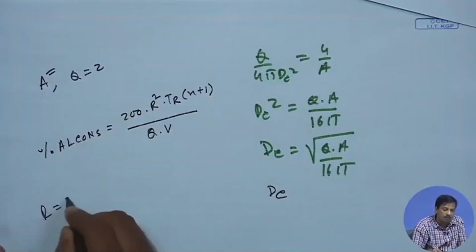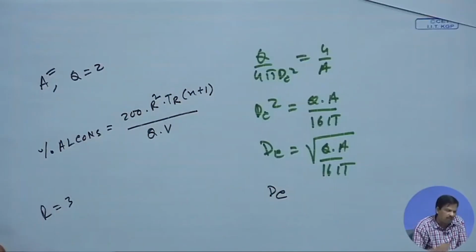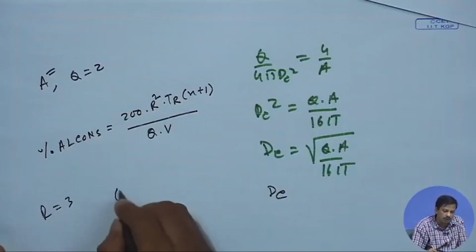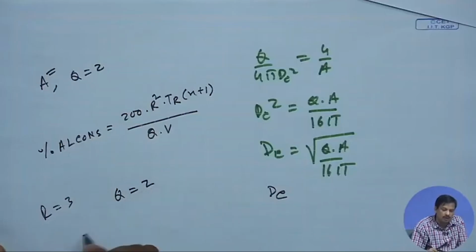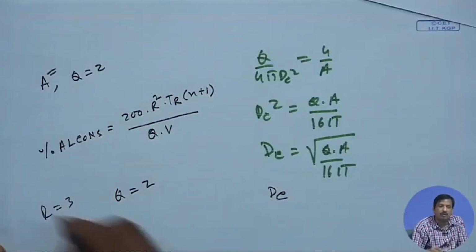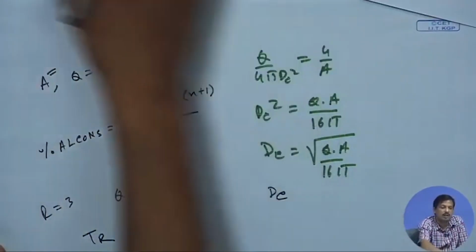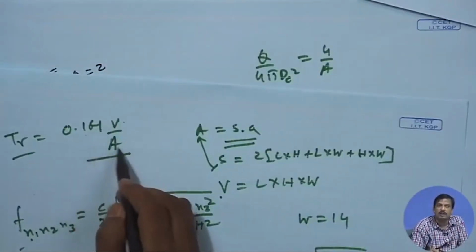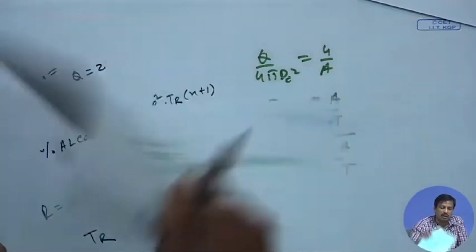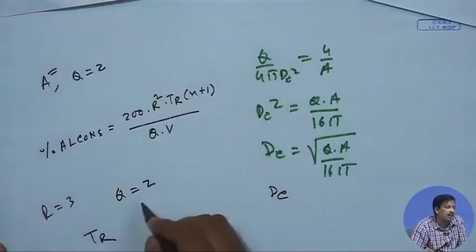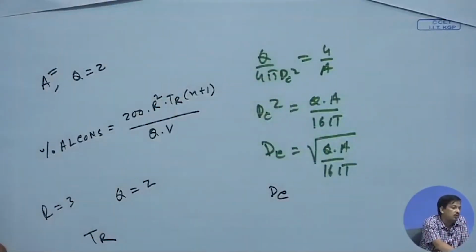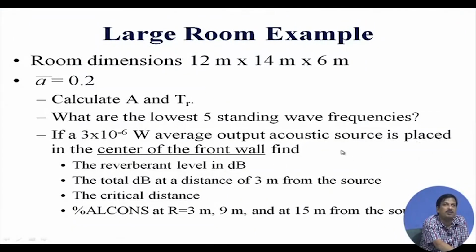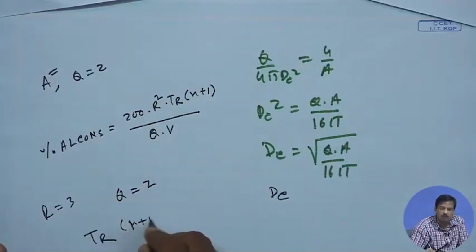R is equal to 3, and Q is equal to 2. TR I have to calculate. How do you calculate? I calculated TR from 0.161 V by A. So TR I know, and N, I said, only a single source is placed. So single source is placed means N plus N is 1 plus 1.